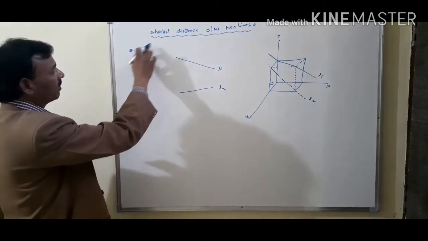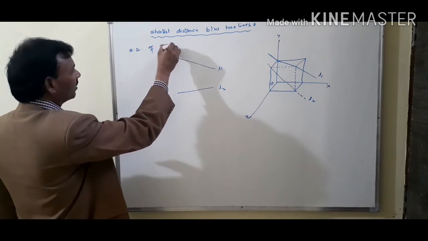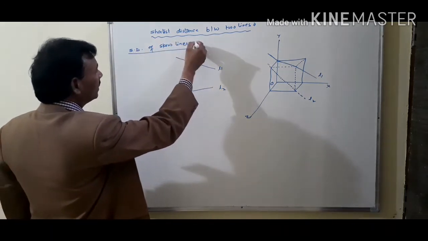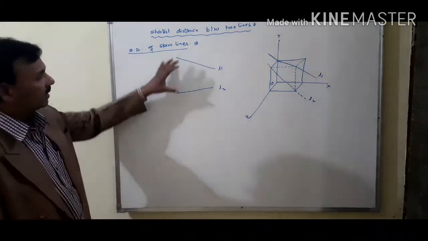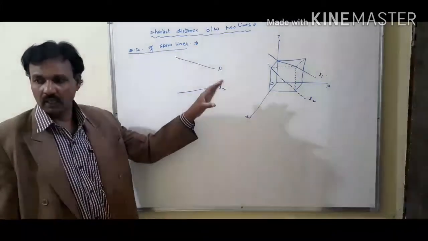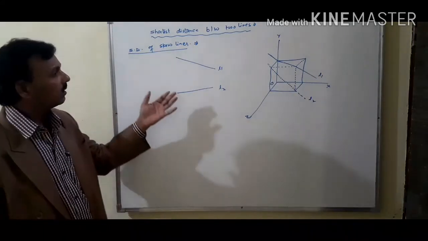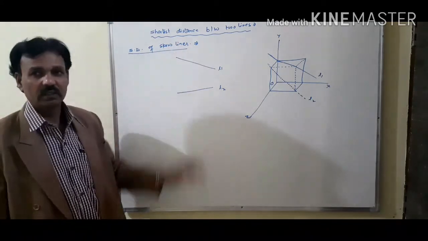What is the meaning of skew lines? Skew lines means two lines which never intersect each other and are not parallel to each other.